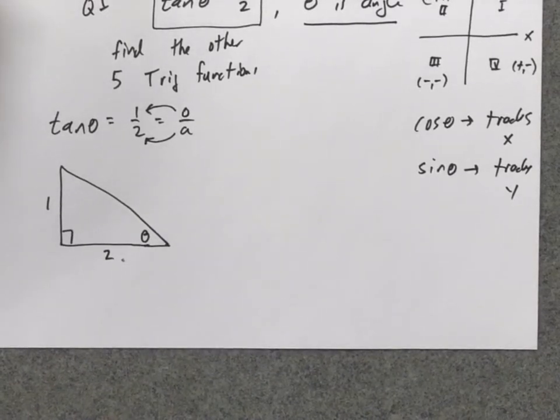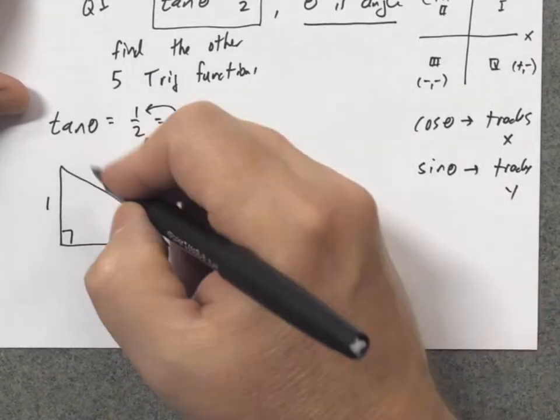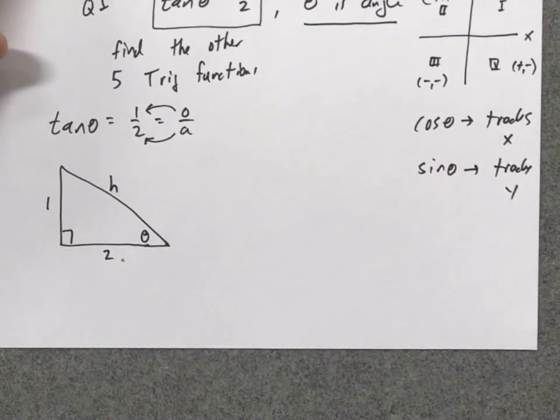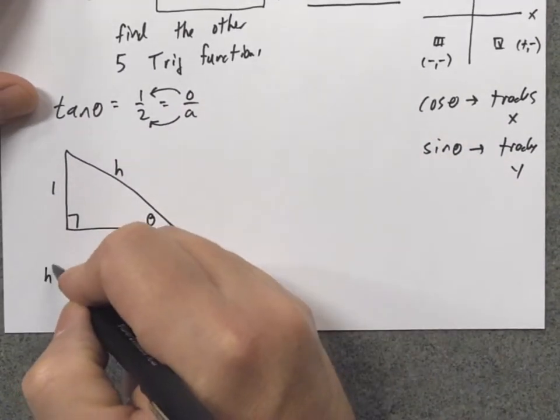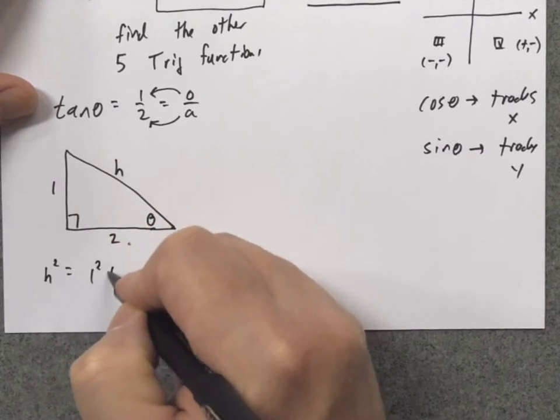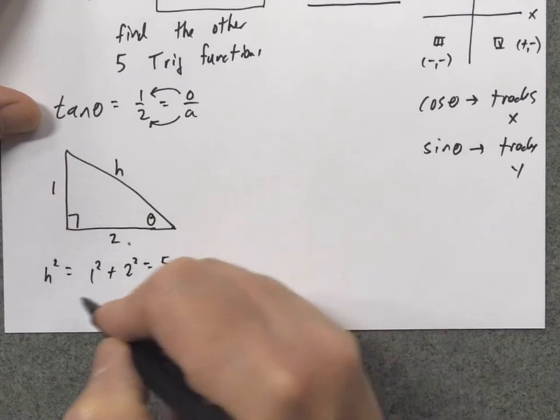Now to figure out the other 5 trig functions, sometimes I'm going to need the hypotenuse. So I need to, once again, use Pythagoras and calculate the hypotenuse. So once again, h squared is 1 squared plus 2 squared, which is 5.